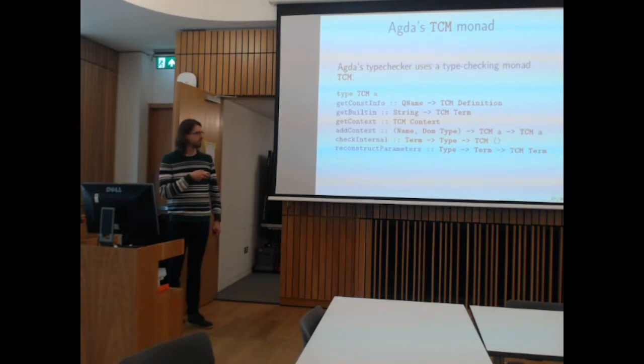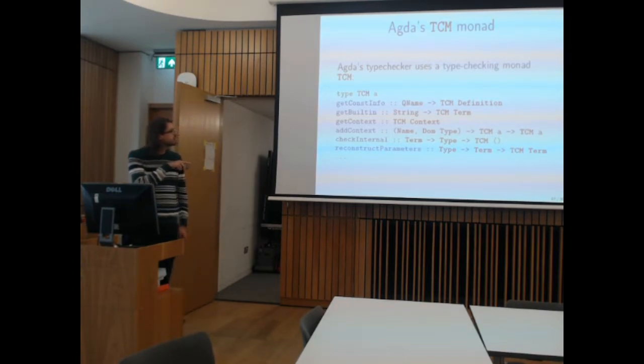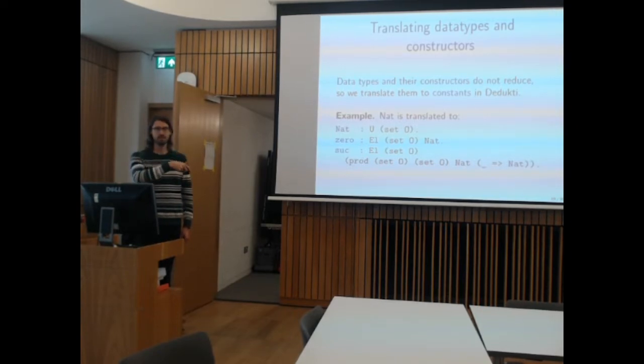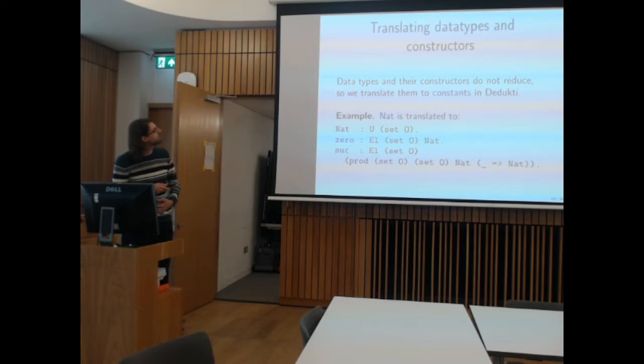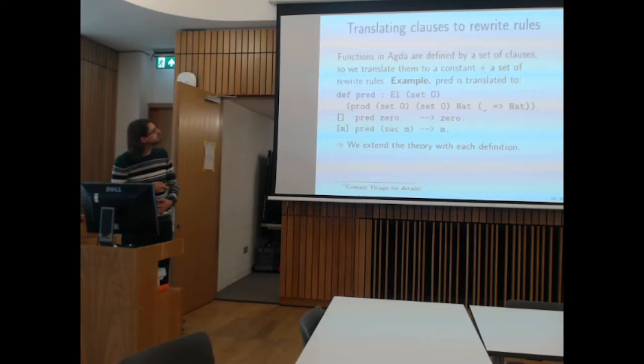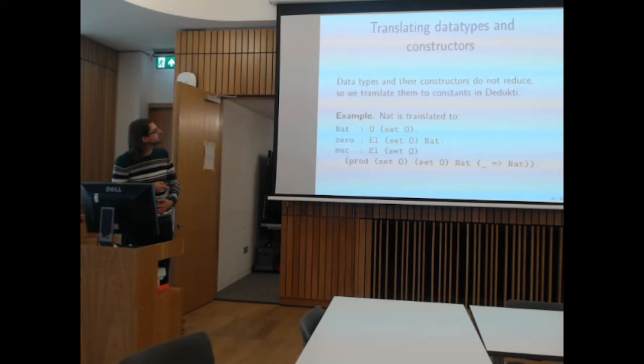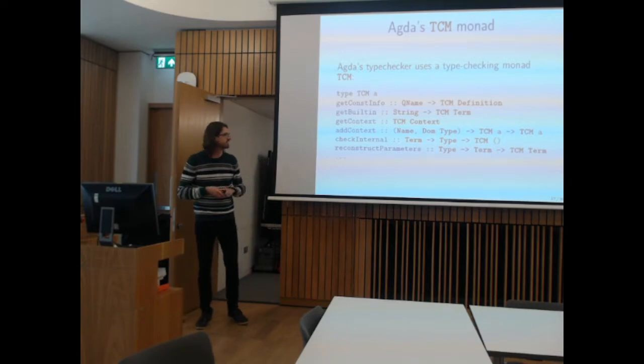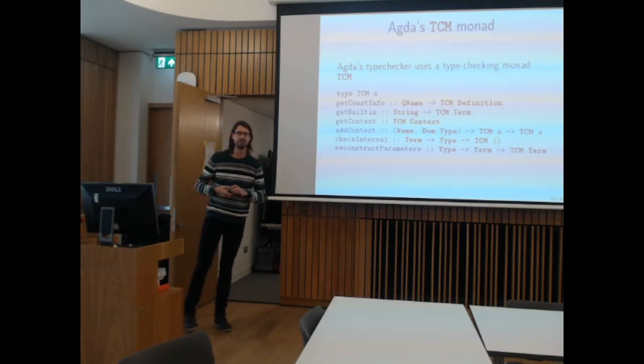We have an internal double checker, and we have reconstructParameters, which I'll explain on this slide maybe. In Dedukti everything needs to be explicit. In Agda, we often erase some arguments, for example to constructors. So we have to use reconstructParameters to reconstruct some.